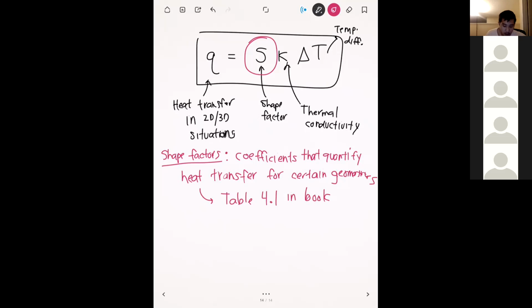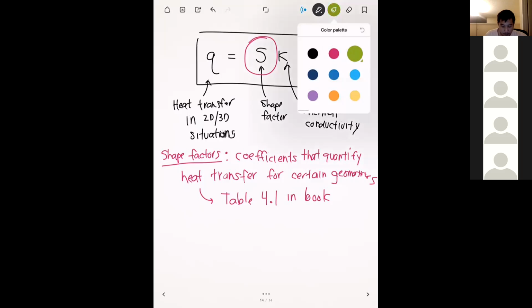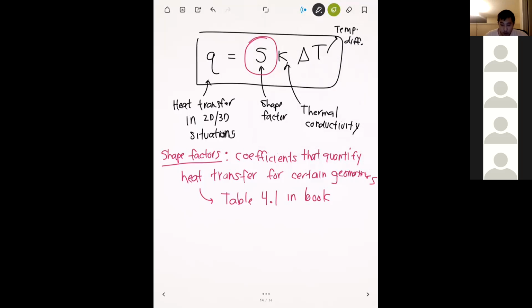Okay. But there's one thing I want to point out before we do that. Because if you look at this equation that we have up top here, this Q is equal to SK times delta T. This should look very similar to you guys, right? Especially compared to one of the homework problems that we went over at the beginning, right? Let me do this. So let me define a resistance, okay?